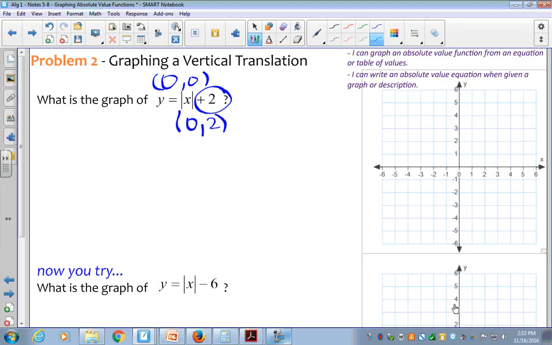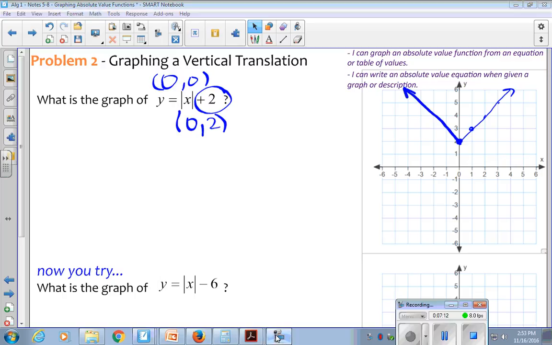So I'm going to go to 0, 2 and plot that point. And then it's going to V-shape up to the right and V-shape up into the left. Take a moment to check that all the students have this written down on their paper.